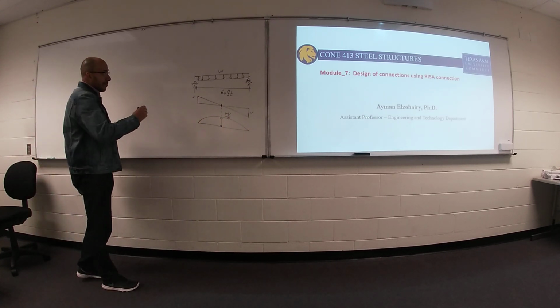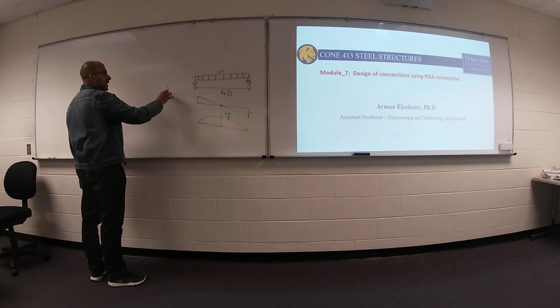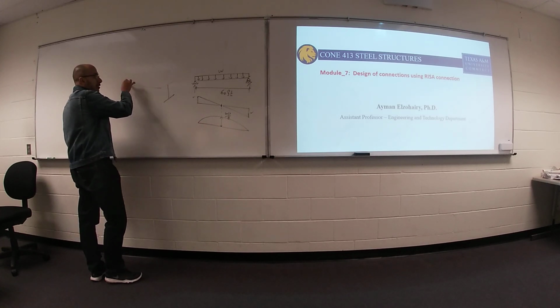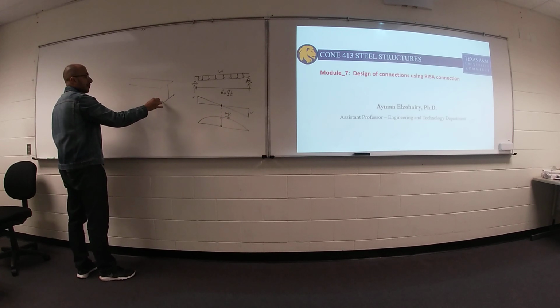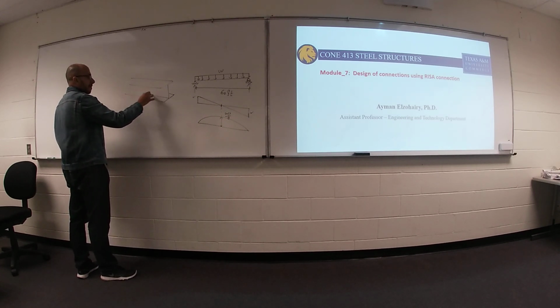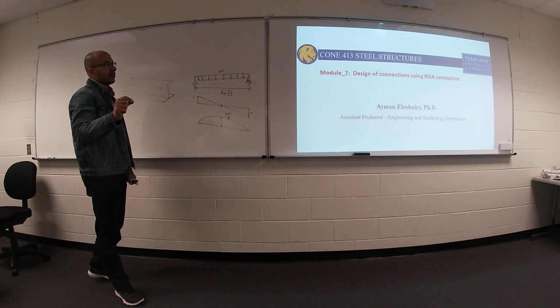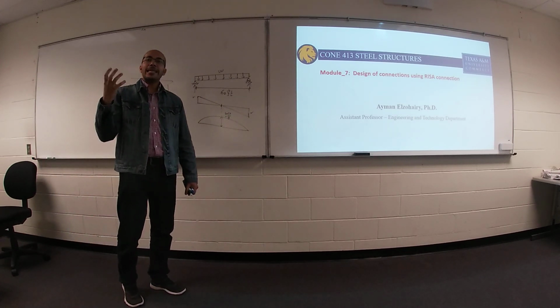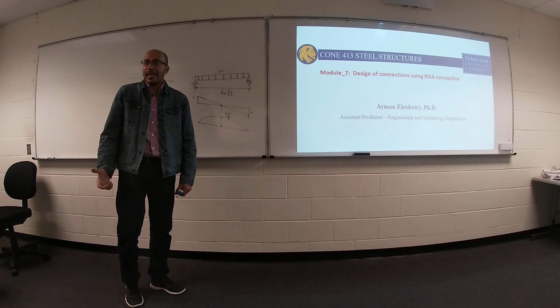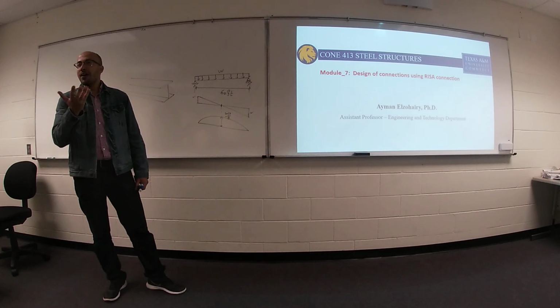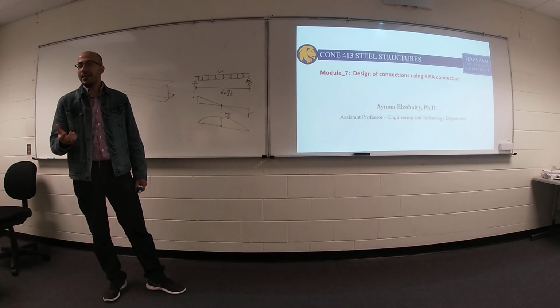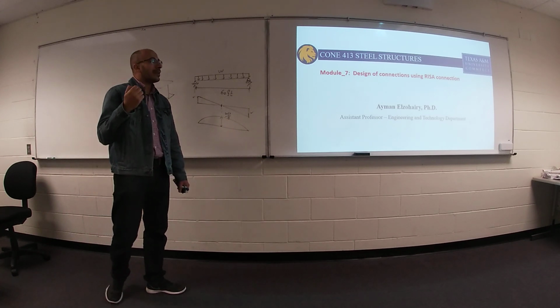Okay, your beam is a wide shape. It looks like this. From the manufacturer, we have standard lengths of beam. I cannot get a beam with 100 feet. How can I make it?